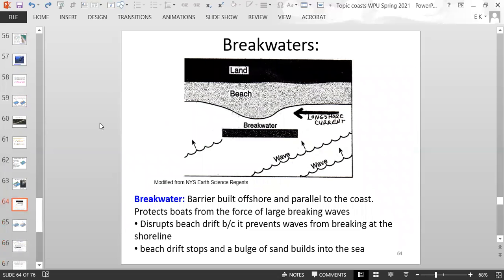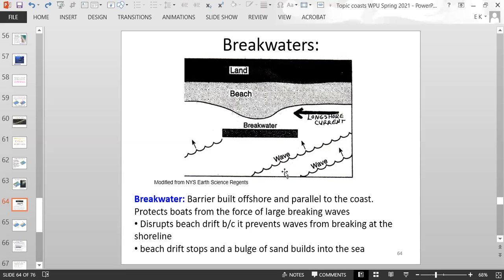Then we have something called a breakwater. A breakwater is this dark rectangle here. It's a barrier that's built offshore parallel to the coast. Okay, so here, this is all the beach. The longshore current is moving this way. The point of a breakwater is to create a protected area so that boats can dock behind it and be protected from strong ocean waves.